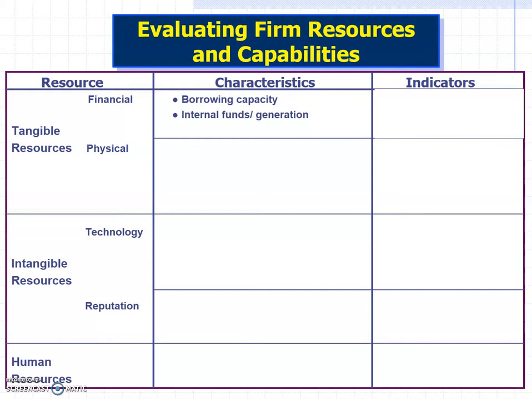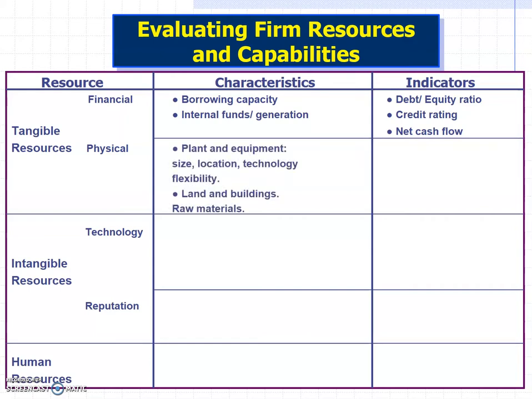For financial resources, we can look at borrowing capacity, internal funds, or the generation of internal funds. And for an indicator, we can look at stock market performance indicators, ratios like debt to equity. We can look at credit rating. We can look at the net cash flow.